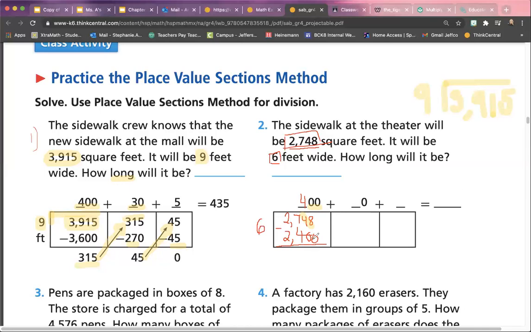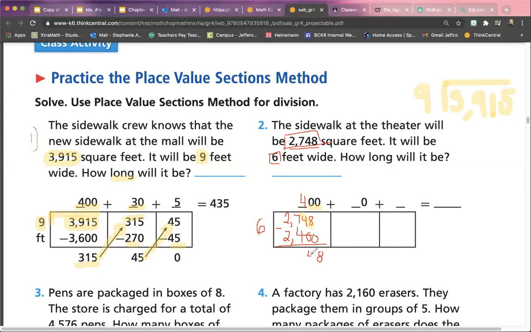All right, now I need to subtract. Eden, will you subtract for us? You with me, Eden? Yep. Okay. So what's 8 minus 0? 8 minus 0 is 8. Yes, ma'am. What's 4 minus 0? 4. Yep.